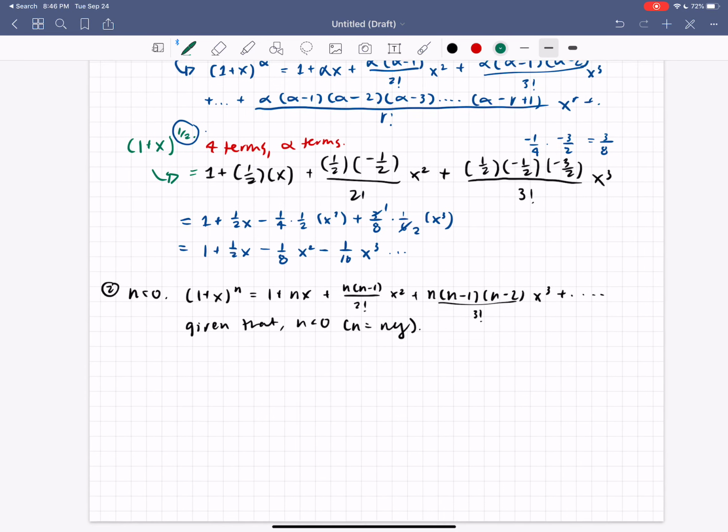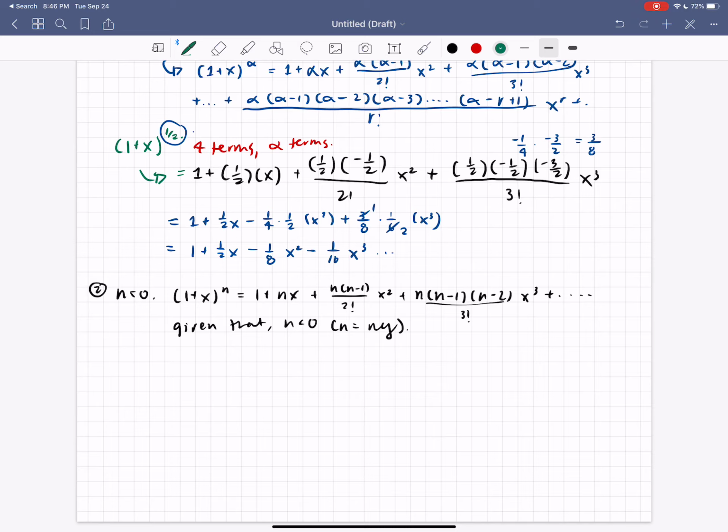So let's do a quick example. Say we had (1 plus x) to the negative 1. In this case, our expanded form would be 1 plus negative 1 times x plus negative 1 times (negative 1 minus 1), which is negative 2, over 2 factorial x squared, plus negative 1, negative 2, negative 3.